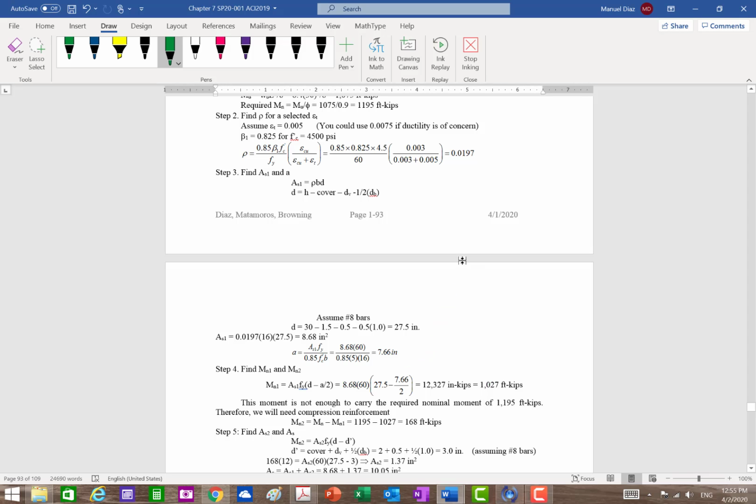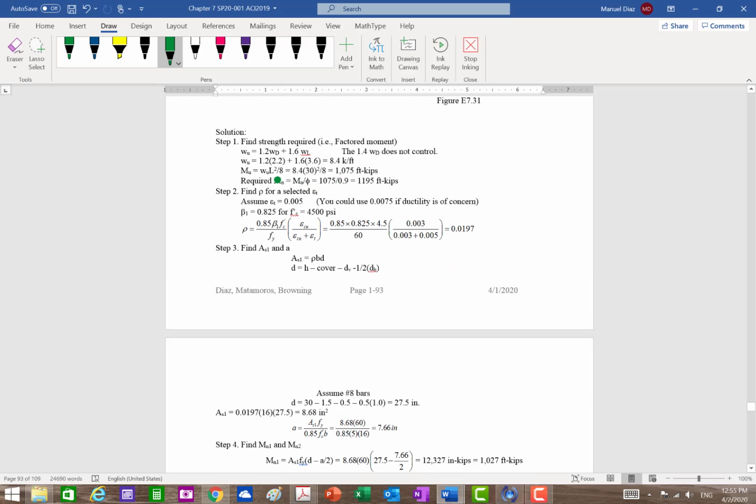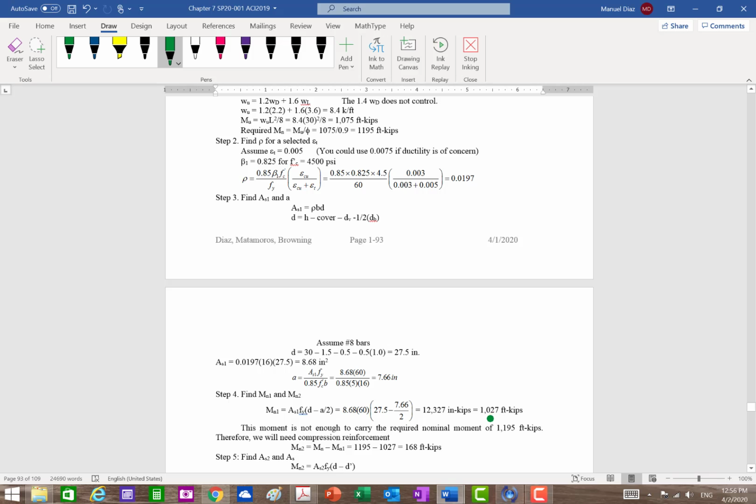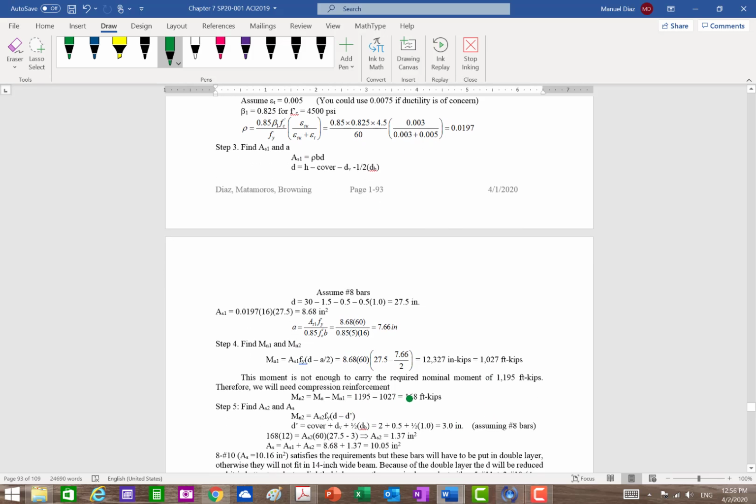The actual moment that I need to carry is, in terms of nominal, here I change it to nominal, right, is 1,195. So we are short. Since we're short, we make up the difference. So the difference needs to be carried by the new area of steel.